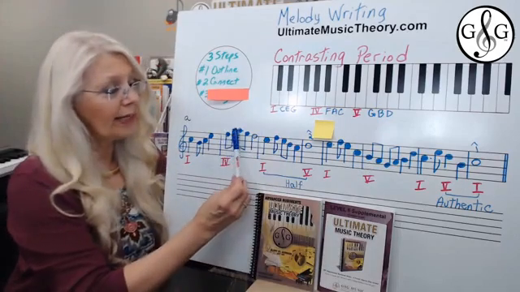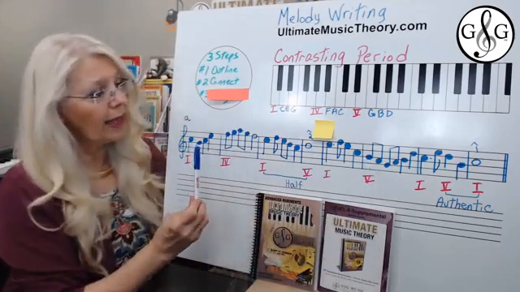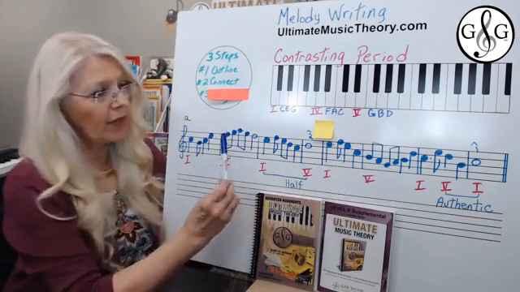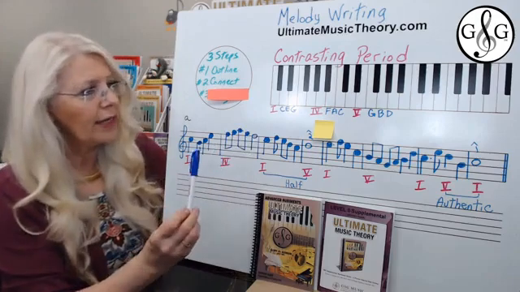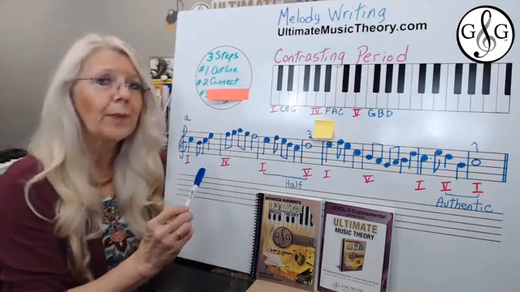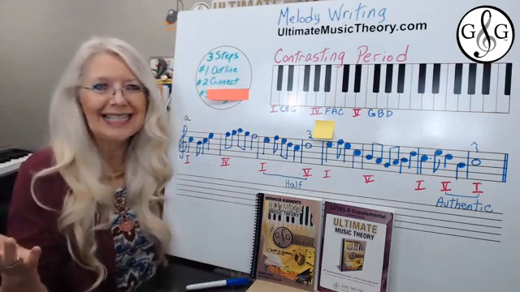Here we were moving by step up, and here we've moved down. We're also using a little different direction as we're going, one moving down, the other one moving up, passing tones, and so on. We see that we've used a little bit of the concept of the repeated rhythmic pattern just to kind of keep the flow going so that we're being consistent.